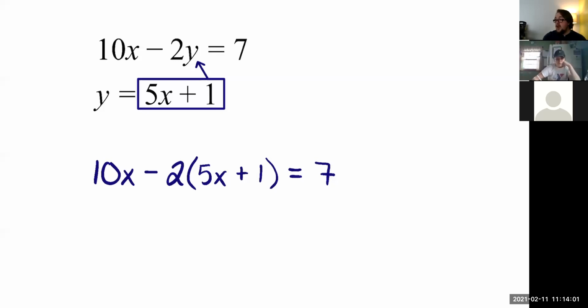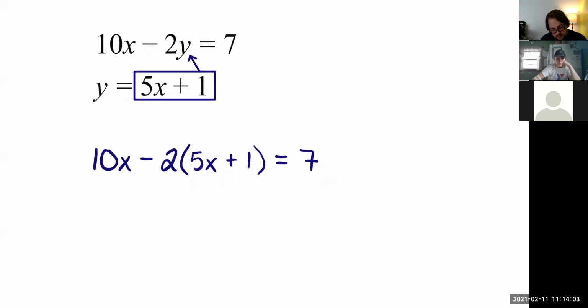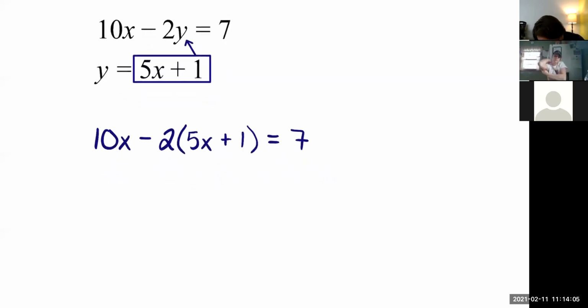Looks like we're solving for x. So again, just pretending like this is a regular problem. Set up my guideline. Where are your eyes drawn to next? Those parentheses. And for the parentheses, what are you going to do? Distribute, not just any 2, a negative 2.